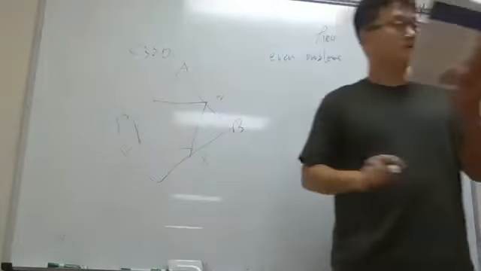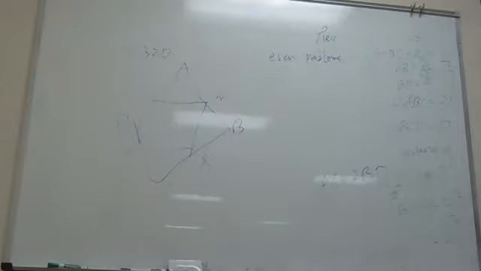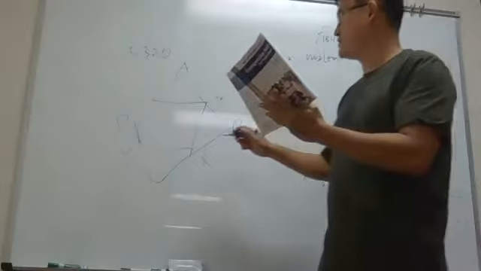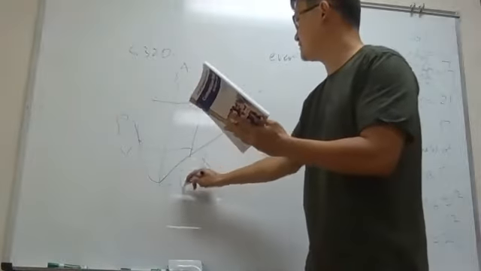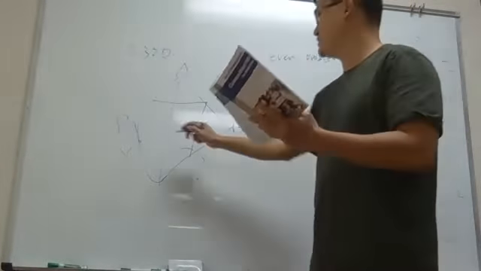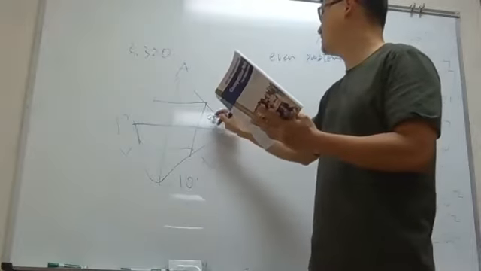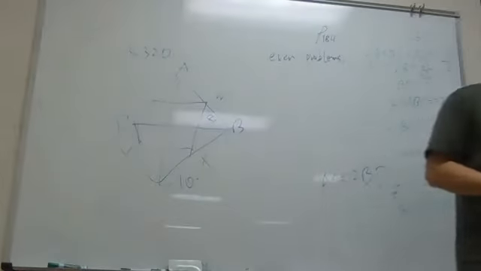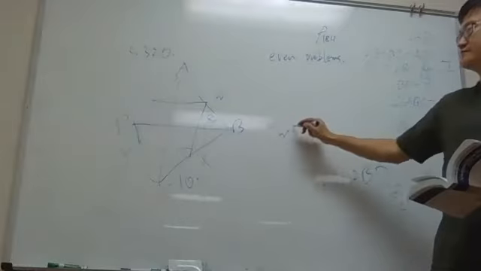Okay, so if the diagonal AC is 10, so AC is 10 here, and BD is 8, BD is 8. So what's the perimeter of the quadrilateral WXYZ?